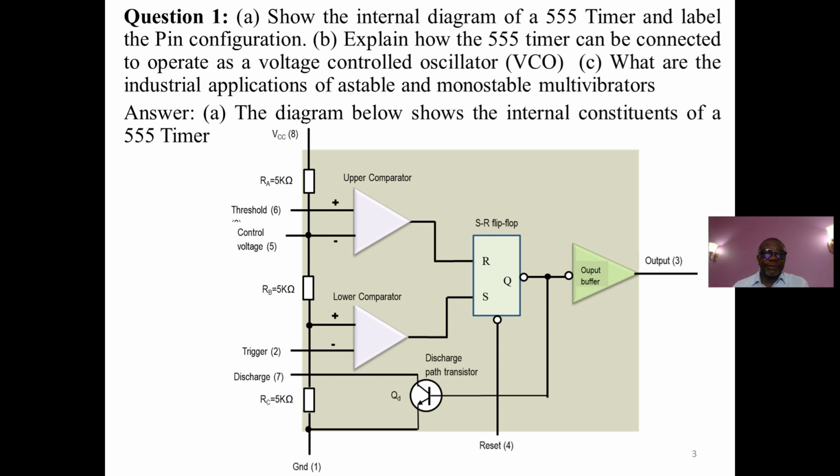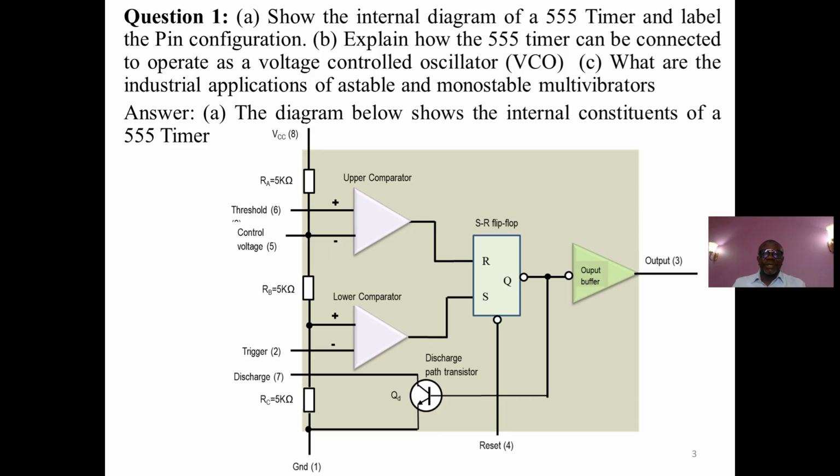So the figure we are looking at shows the internal constituents of a 555 timer. It has 2 comparators, one is the upper comparator and the other is known as the lower comparator. It also has an SR flip-flop, an output buffer, and a discharge path transistor, which is usually an NPN transistor.